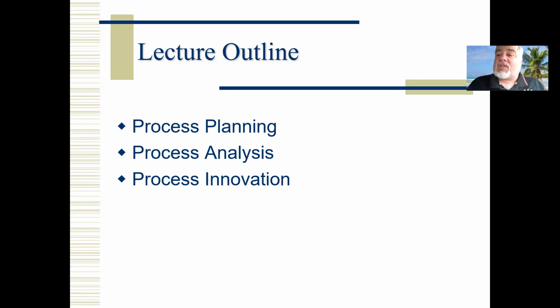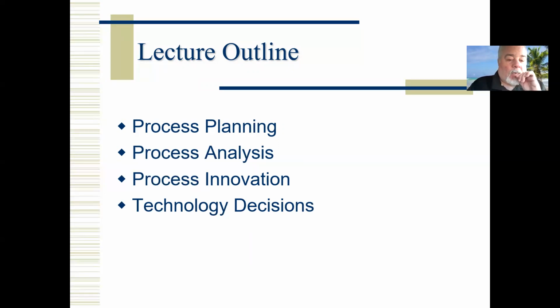There's incremental, slow innovation, things evolve gradually, and there's breakthrough innovations when you introduce a new technique, a new technology, a new step in the process that really revolutionizes your manufacturing or service or whatever you're providing. And then technology decisions. How do you use information about what you know, what you learn, what your process is to make good business decisions?